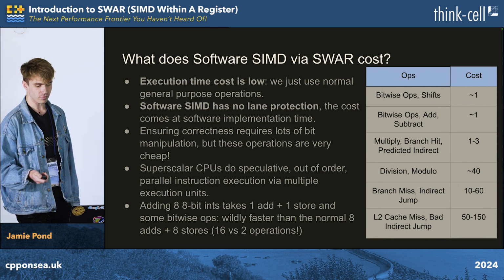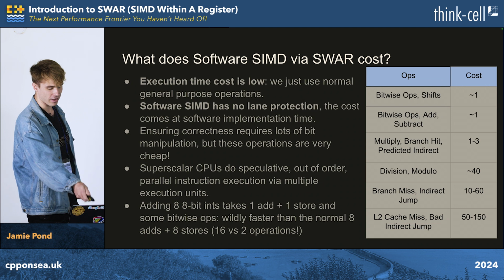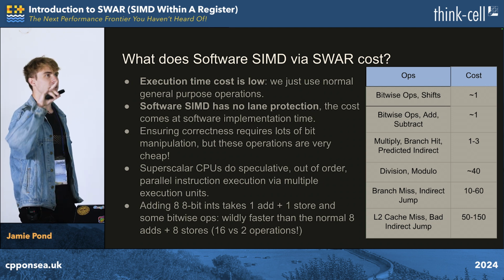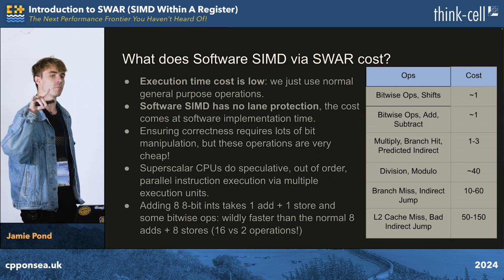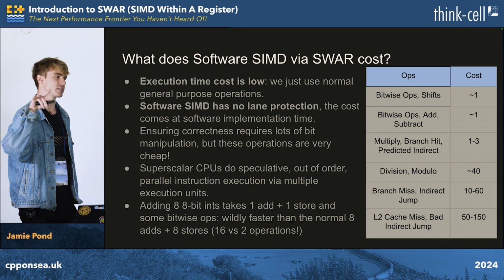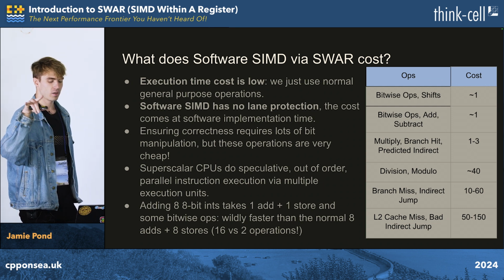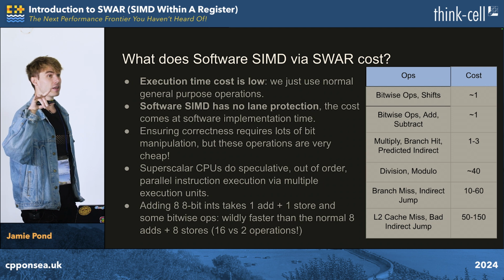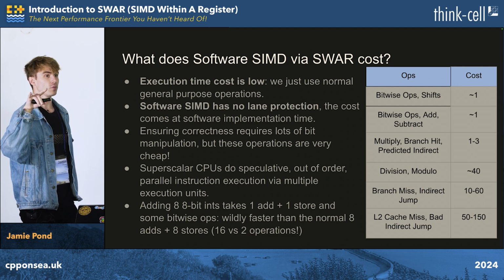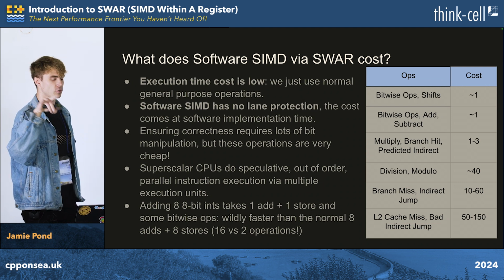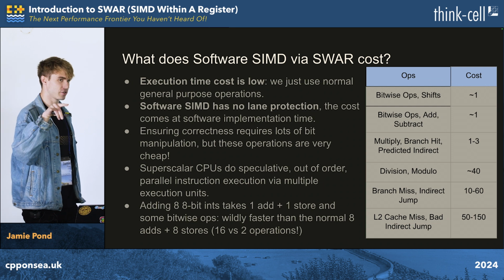So I think the headline here is that, say you had a 64-bit register and you had 8-bit lanes, so you had 8 bytes in that register. If you did it in the SWAR way, you'll do 1 addition and 1 store, and you'll do 8 additions in total.